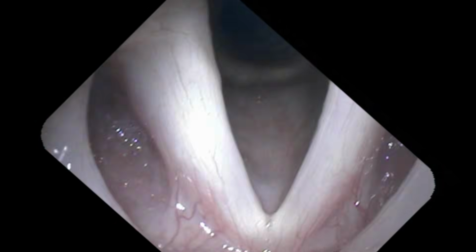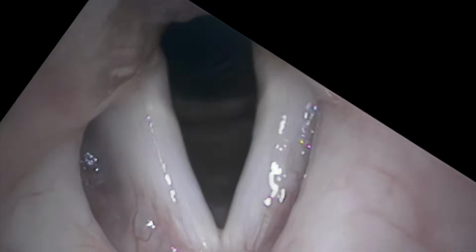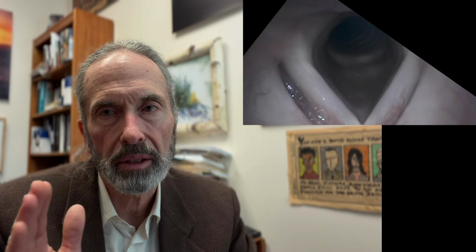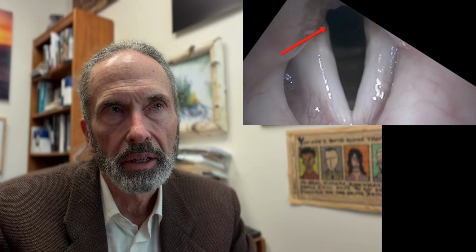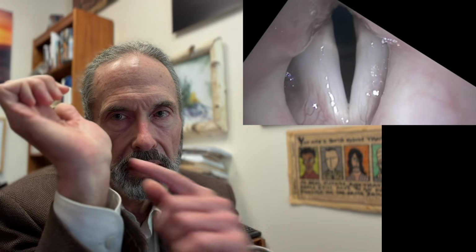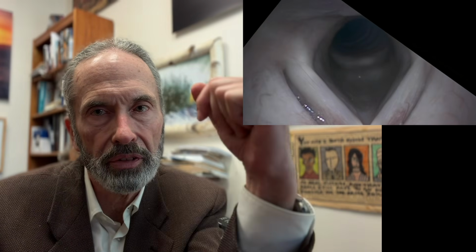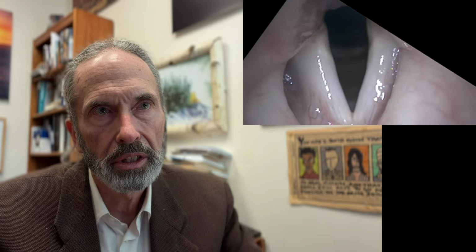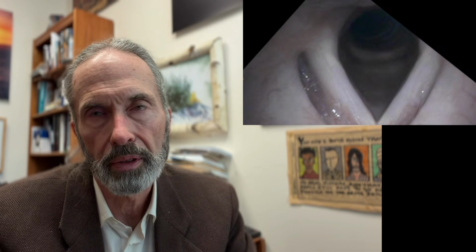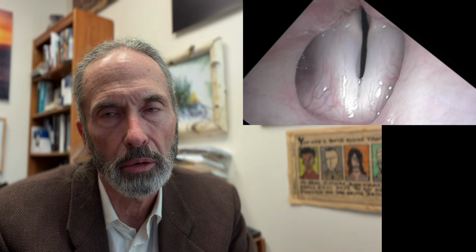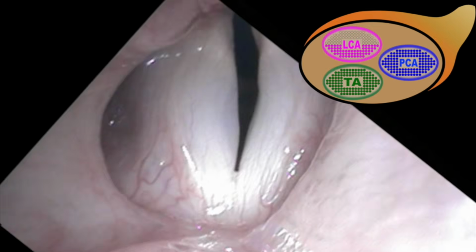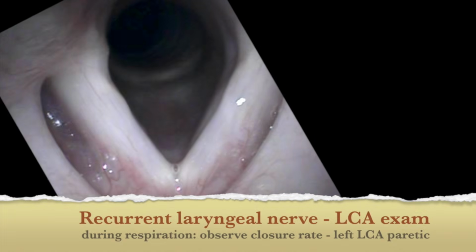That is, the right side comes closed first, and the left side comes closed a little bit later, but also the right side is leading with the joint, and the left side has a little bit more just pull inward from interarytenoid help, making up for a weak LCA muscle.